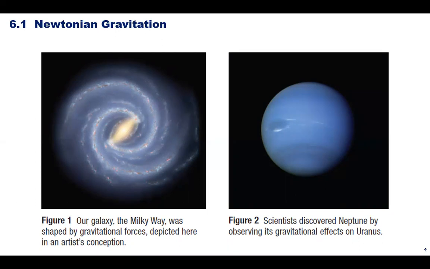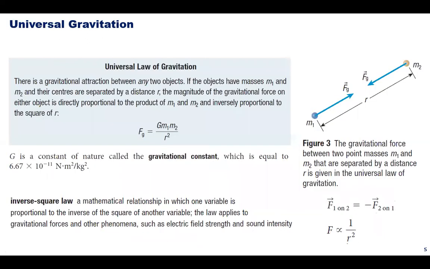In 1846, scientists discovered the planet Neptune, which is shown here in Figure 2. So the force that causes Uranus to wobble slightly in its orbit is gravity, the same force that causes Earth and other planets to revolve around the sun.